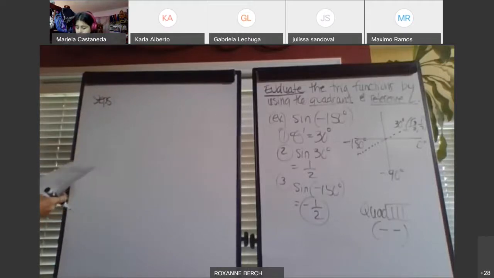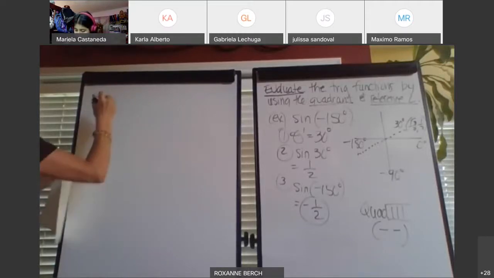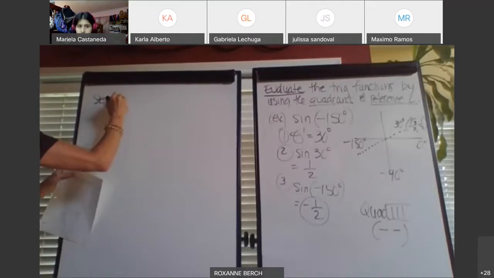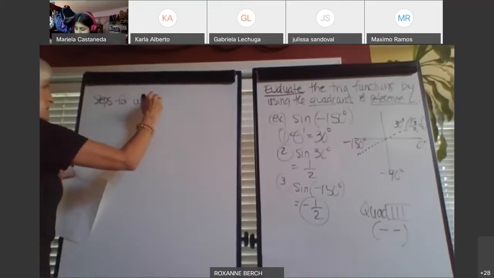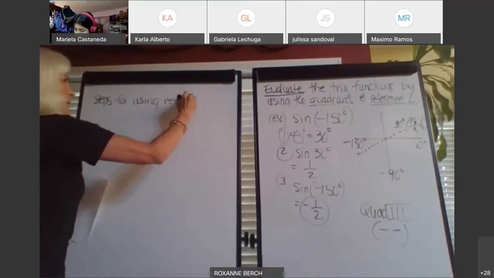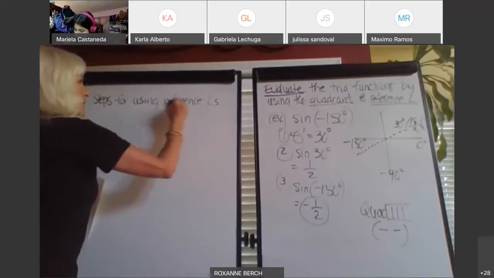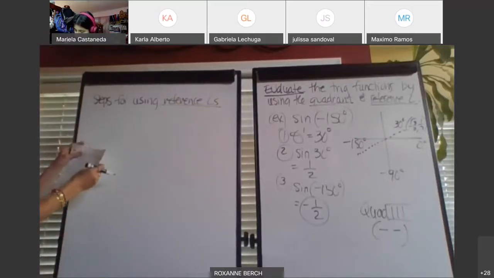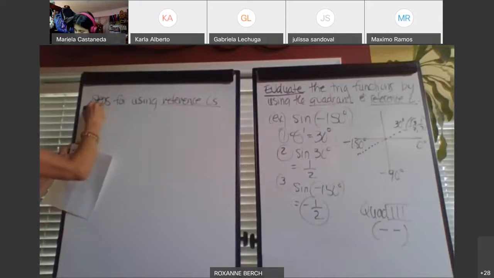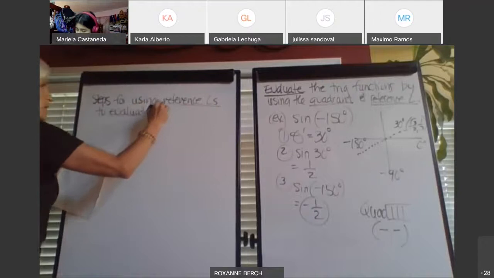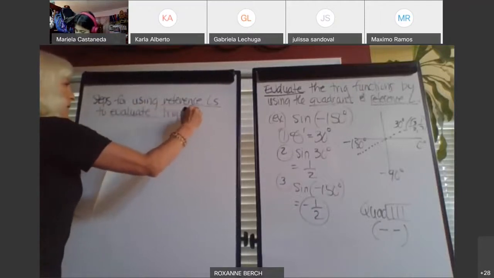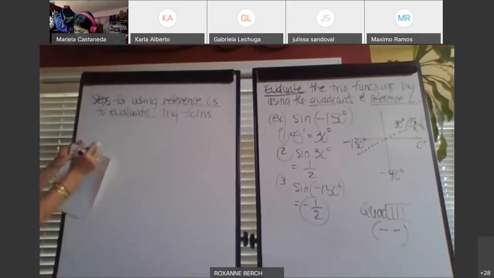First thing I want to do is show you the steps. These are the steps for using reference angles to evaluate trig functions. The first step is to find the reference angle.